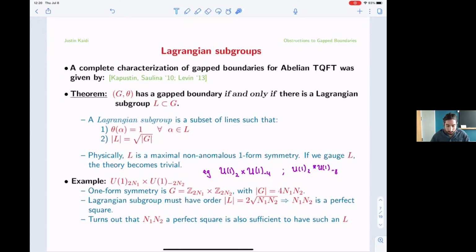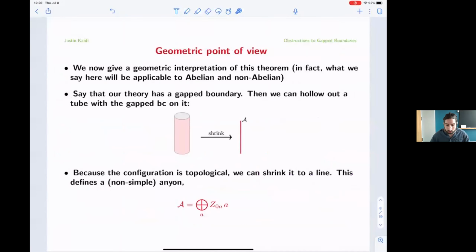Okay, so this is Lagrangian subgroups. So we're now going to try and prove this in a nice geometric way. At least we'll prove half of this. Good.